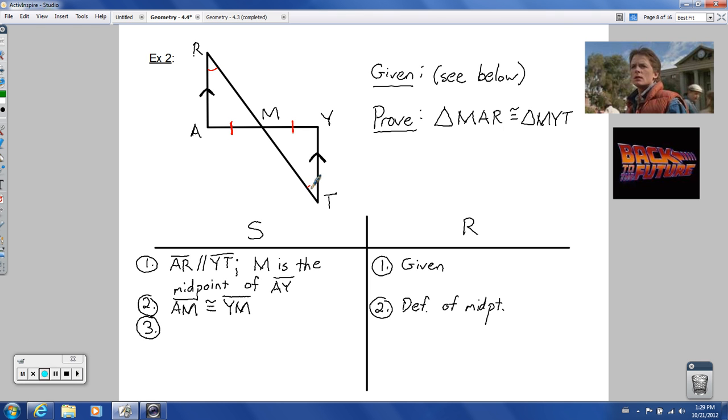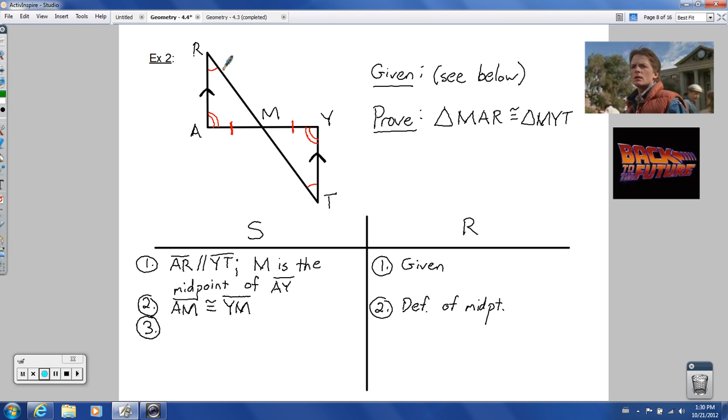Aren't those alternate interior angles? Yeah, sure. How about, well, this one looks like it's 90 degrees. Can I assume that's true though? No. But I can say that here's the transversal now with this parallel line and this parallel line. So if that's true, these also would be alternate interior angles. This one and this one right there.